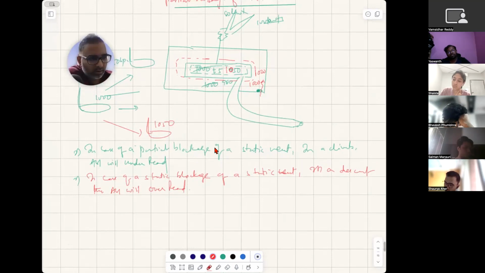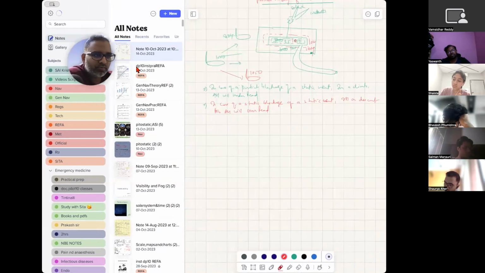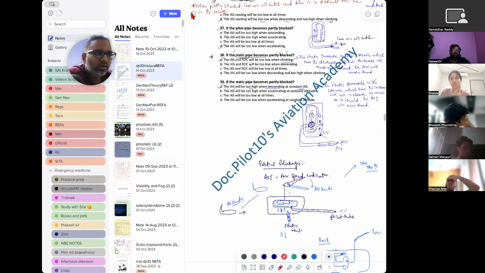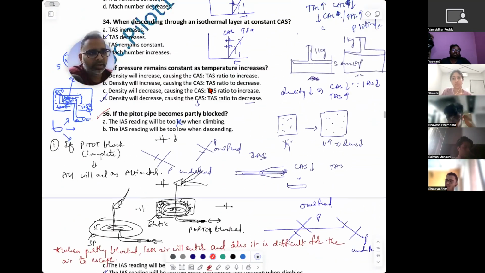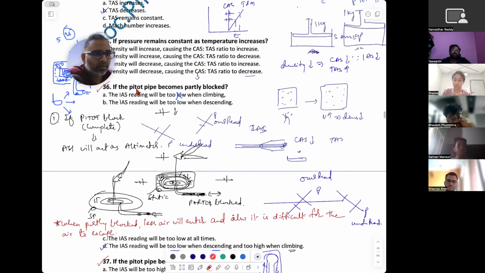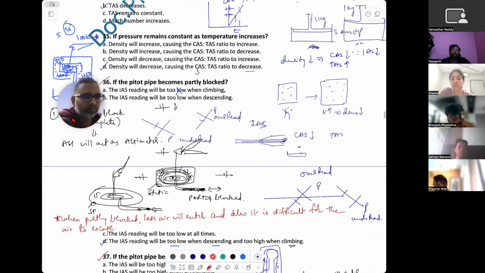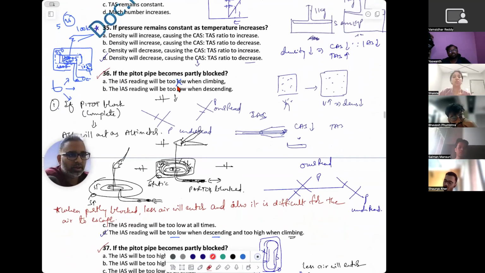Okay, so now let's do the questions. You will give me the answers. Don't remember, but draw the diagram and give me the answer. Pitot tube partly blocked, question 36.